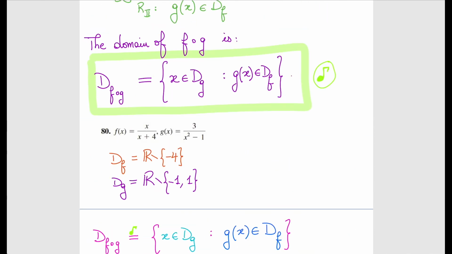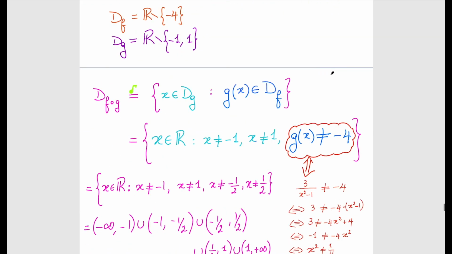So who's my f in the current context? We need to find the domain of g composed with g, right? So the f is actually g. So what I'm gonna have is the collection of all the numbers that live in the domain of this guy, which is g, such that the output through this function, g of x, is in the domain of f, but f now is g. Okay? So let's do that.